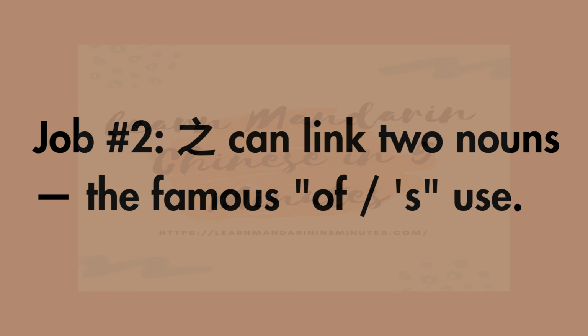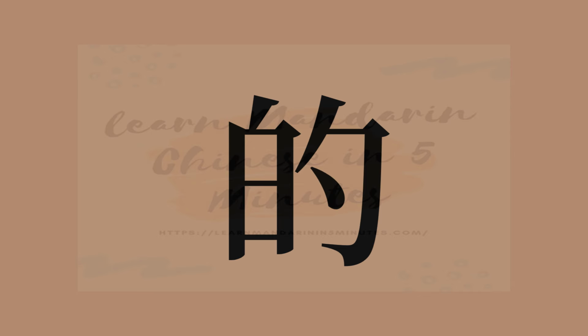Job number two. 之 can link two nouns, the famous "of" or apostrophe s use. This is the one everyone knows, but still doesn't see clearly. In modern Chinese, we usually use 的 for this, but in fixed expressions and formal writing, 之 still does the same job. It's just tighter.